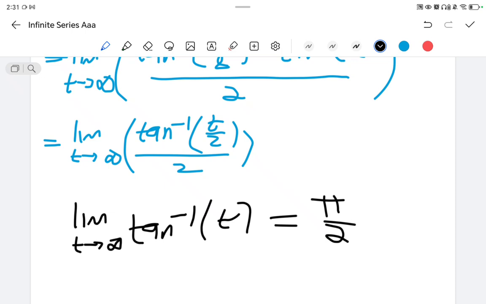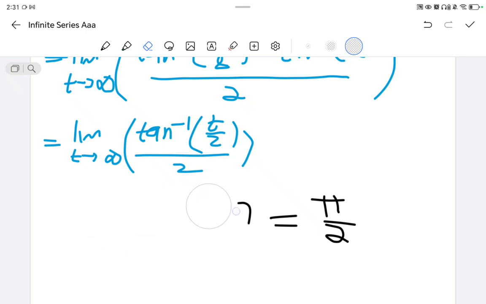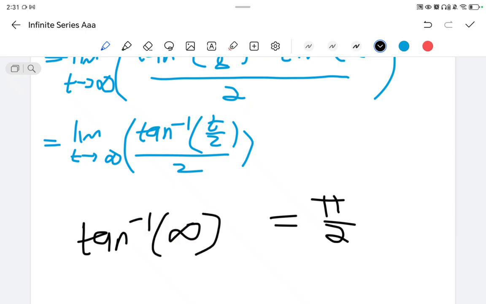That will always be pi over 2. Or we can even say it like this: arctan of infinity will always be pi over 2. Do you agree?